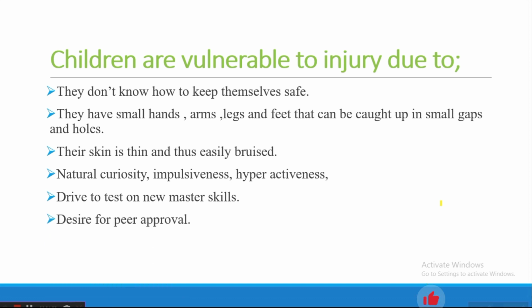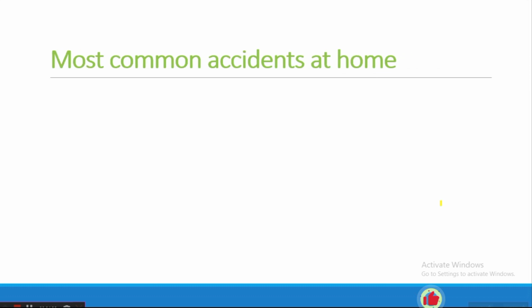And then desire for peer approval. When they learn that they can carry a cup, they bring the cup, mommy, mommy, mommy, then they go and bring another thing, they bring a plate, mommy, mommy, mommy. They want that approval from you. As a result, sometimes they fall down.